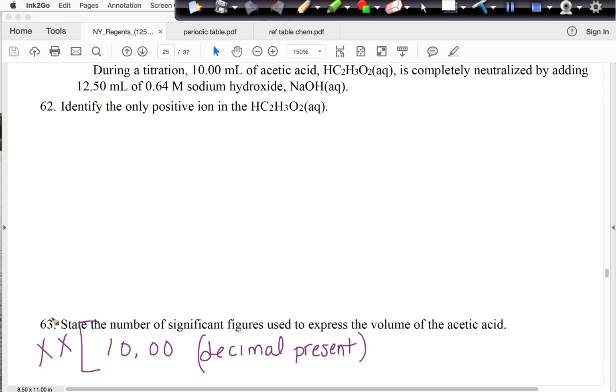Any zeros on the Pacific side before the first number that's not a zero are not significant figures. The first non-zero plus everything that goes towards the land is significant. So we have 1, 2, 3, 4 significant figures.